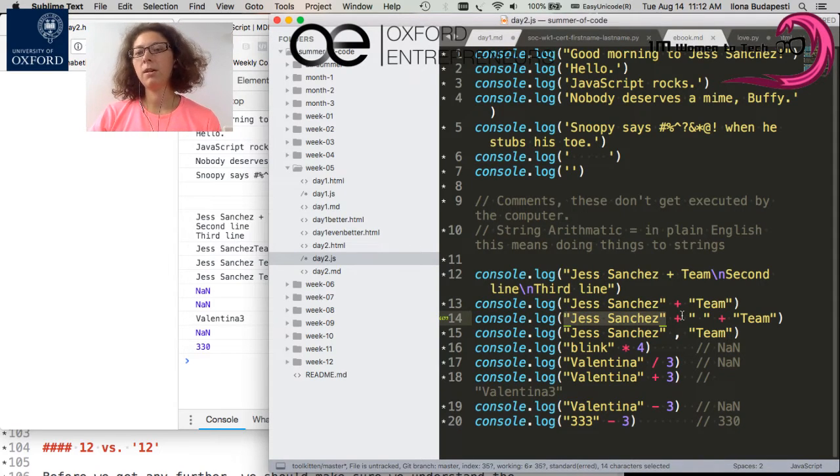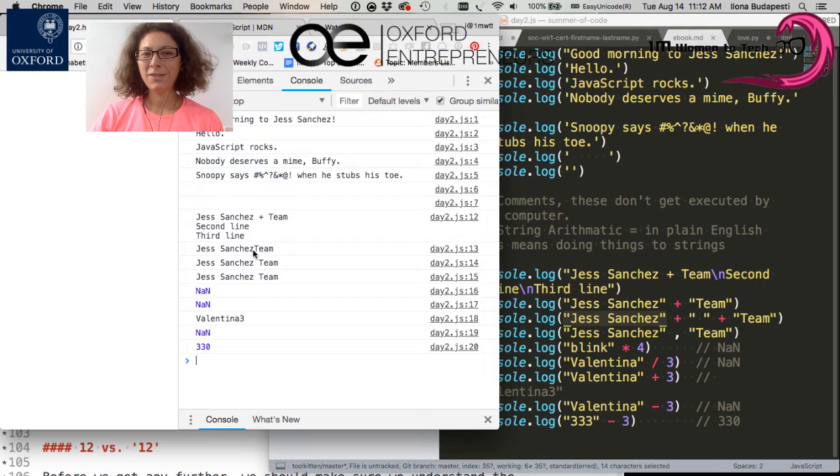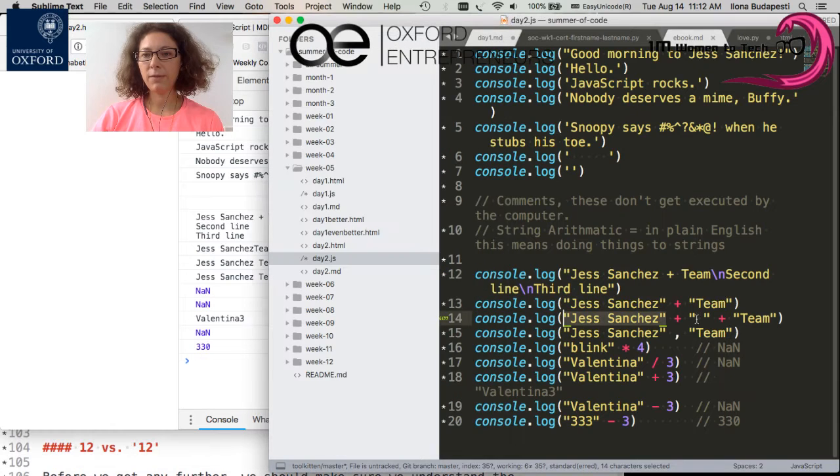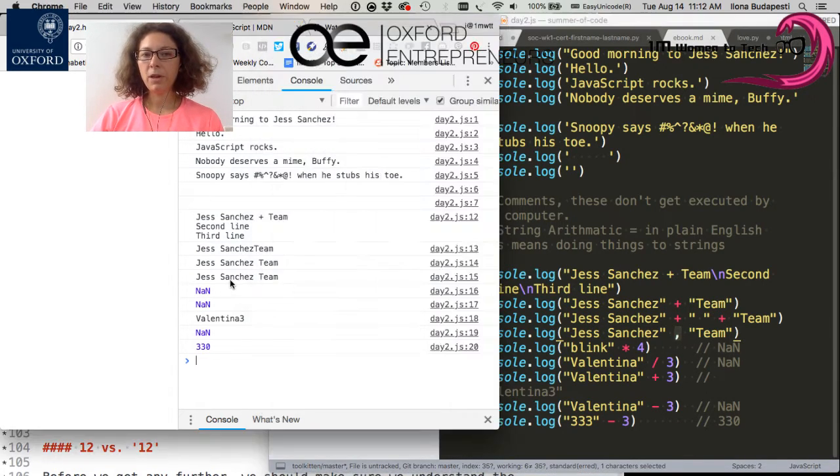They operate on different elements, and they actually add these together. So we could do Jess Sanchez plus team, and it just puts them together without a space. If we want a space, then we have to add our own space. If we use a comma, it's similar, but the comma is intelligent enough, it knows to add a space.